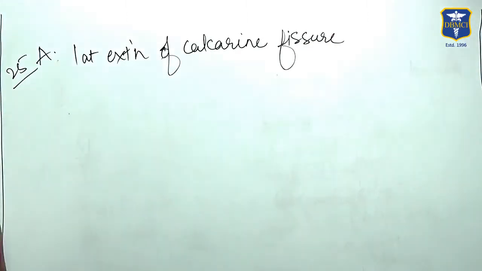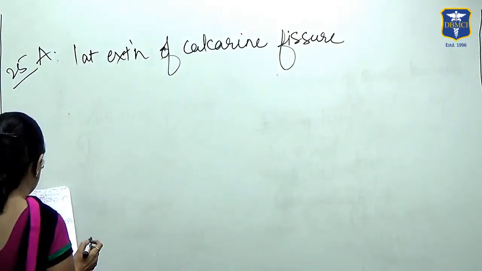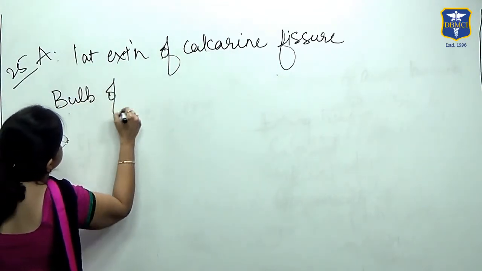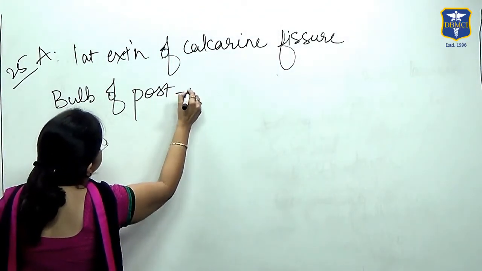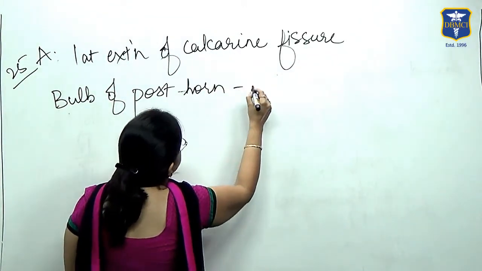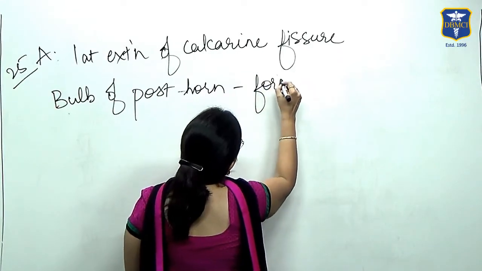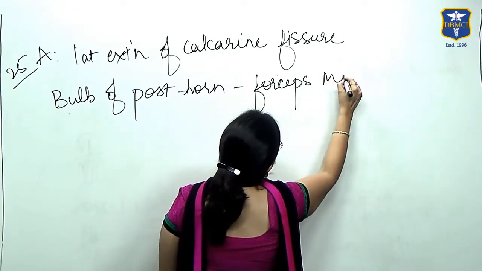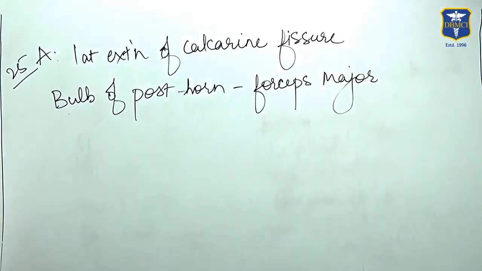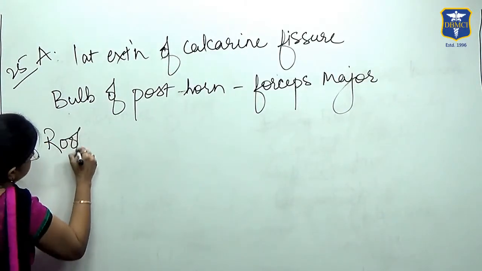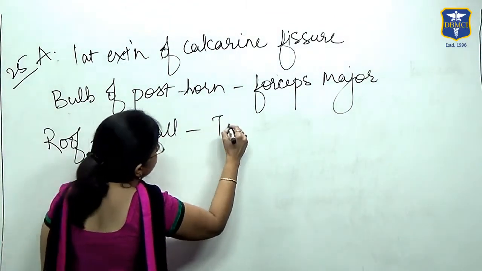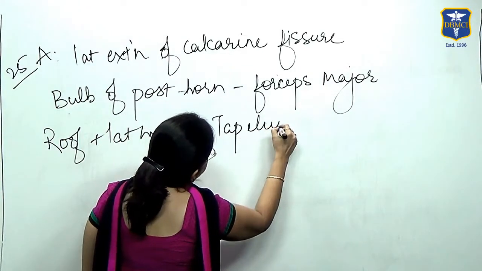Another elevation which is seen here is the bulb of the posterior horn, which is formed by the fibers of forceps major. The roof and the lateral wall are formed by tapetum.